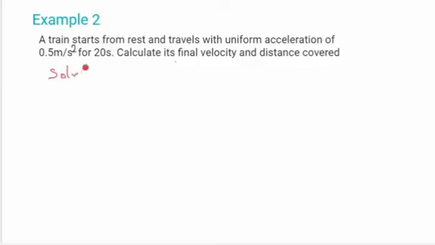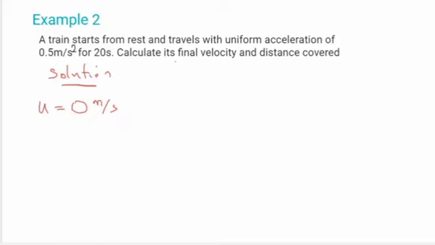First, we'll write our solution. We'll bring out our parameters. A train starts from rest. If a body starts from rest in physics, it means that the initial velocity is equal to 0.